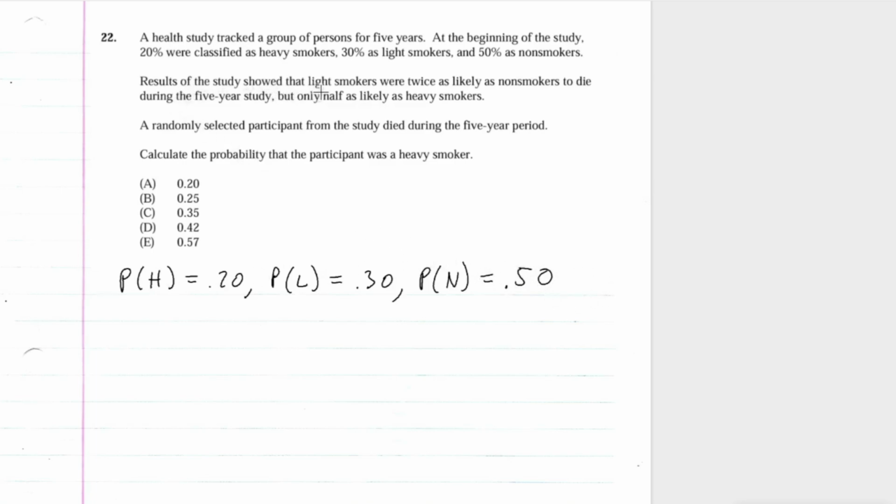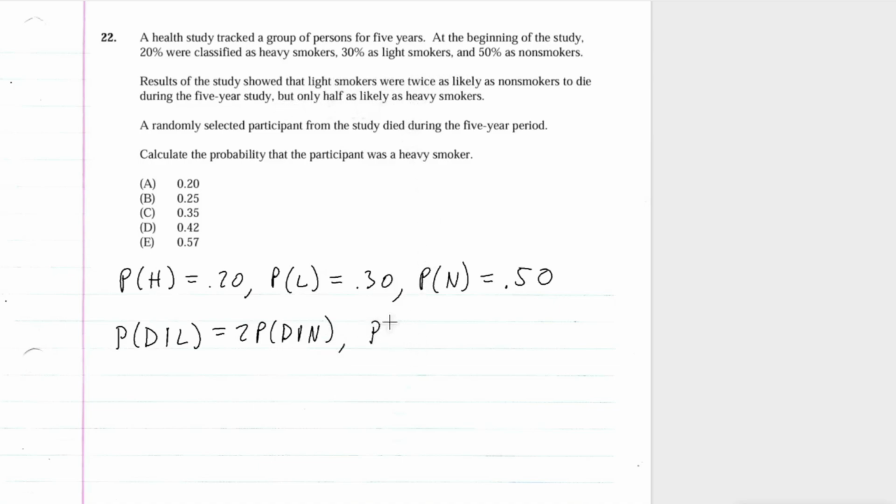Results of the study show that light smokers were twice as likely as non-smokers to die. So the probability of dying given being a light smoker is equal to 2 times the probability of dying given non-smoker. Okay, but only half as likely as heavy smokers.